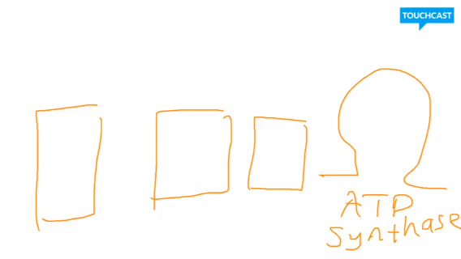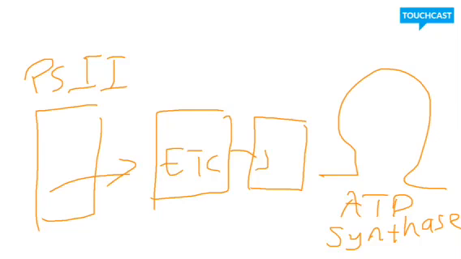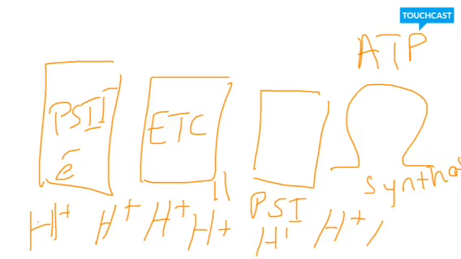Now I want to remind you of one thing. When the electron was excited and moving from photosystem 2 to the electron transport chain to photosystem 1, we had actually, so now you have loads of H plus ions.